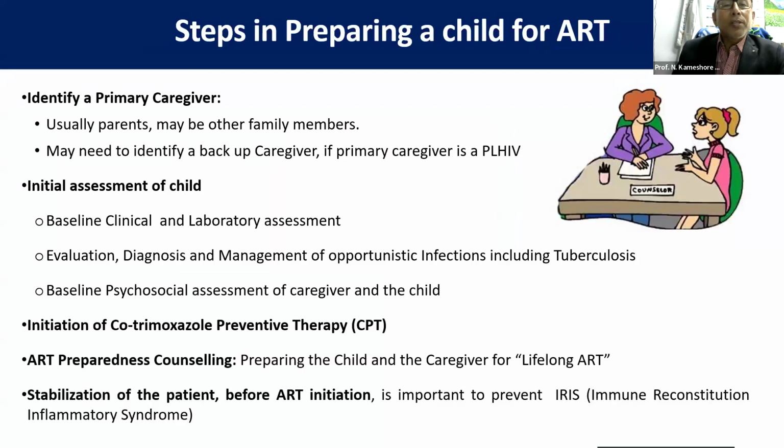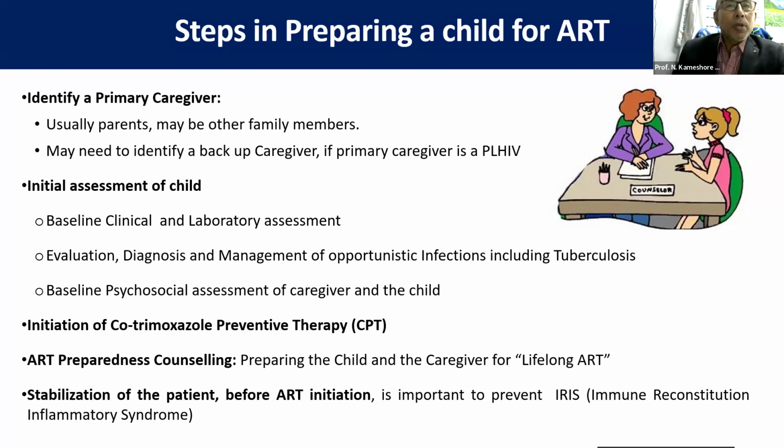So let us see what are the steps while preparing a child for ART. So the first thing is we have to identify a primary caregiver. Primary caregiver is usually parents, and it may be other family members also. And many times we may need to identify a backup caregiver if the primary caregiver is a PLHIV.